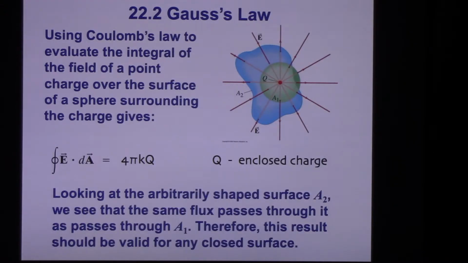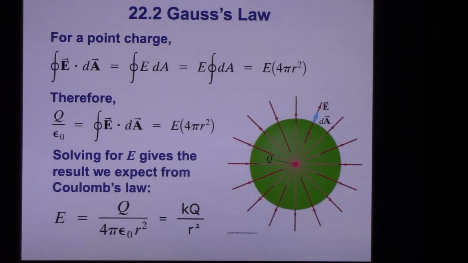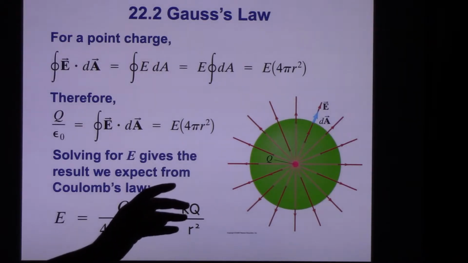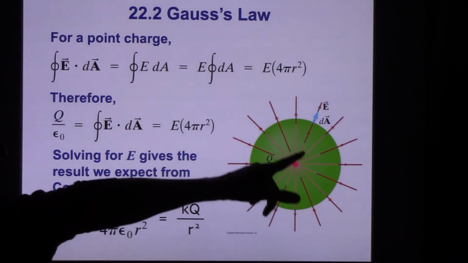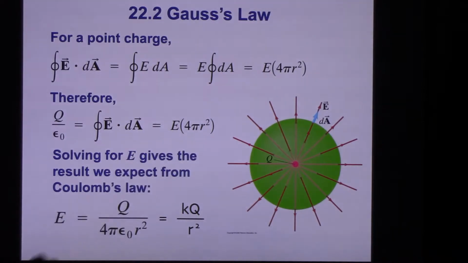Now, at first you might be thinking, did we solve anything new? I don't see the difference from what we've already been doing. But Gauss's law says that not only is this true for a point charge, it will be true for any spherically symmetric distribution of charge.